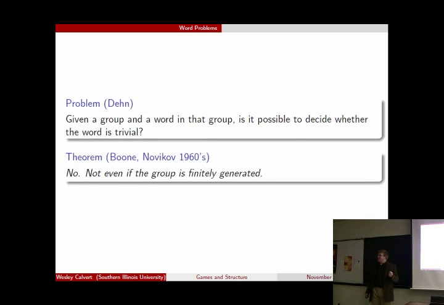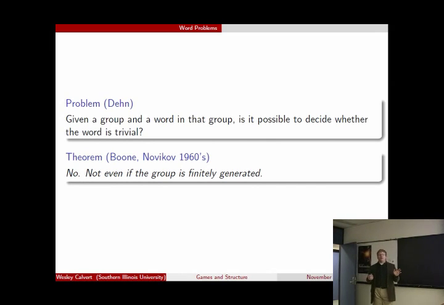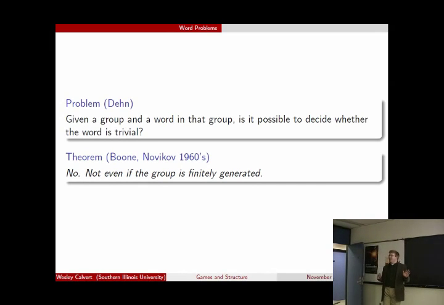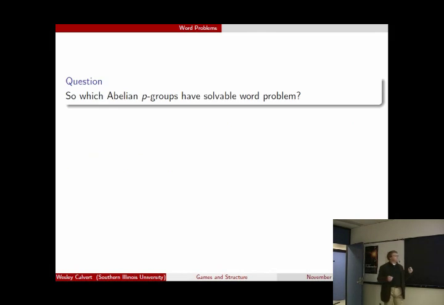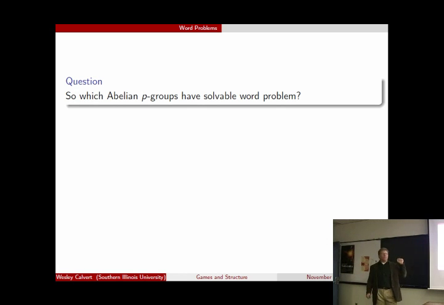So a natural thing would be to ask if we could get Abelian groups to say yes. And we can't. There are way too many of them. There are way more Abelian groups than there are algorithms to compute their operations. So then the question is, which ones have solvable word problem?